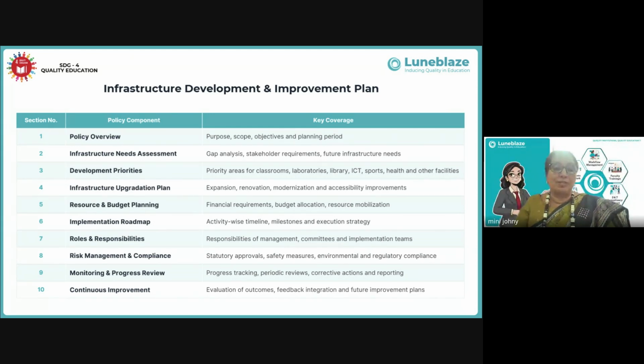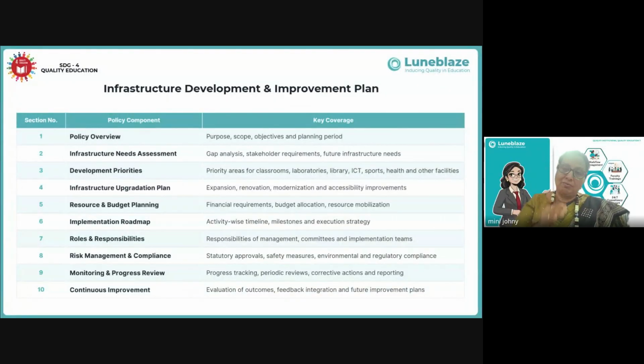Risk management and compliance. When compliance and risk come, statutory approval should be there, safety measures should be there, environmental and regulatory committee. Regulatory compliance should be there. Then monitoring. Again, the same thing is repeating. Monitoring and progress review, progress tracking, periodic reviews, corrective actions, and reporting.